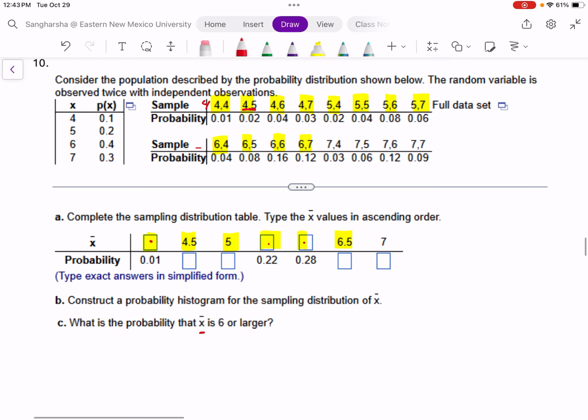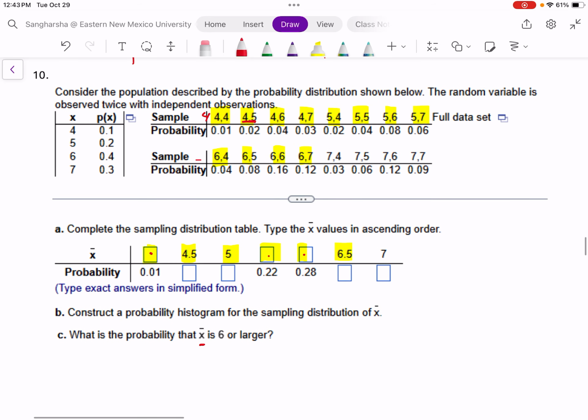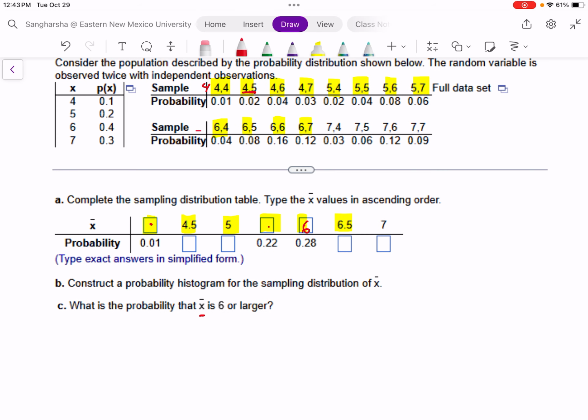So we might get 6 here. Do we get x bar equals 6, Kayla? Okay, so this is 6. There's no line, so it's greater than 6. So 6 doesn't even matter. It's not equal to 6. So x bar is 6 or larger.